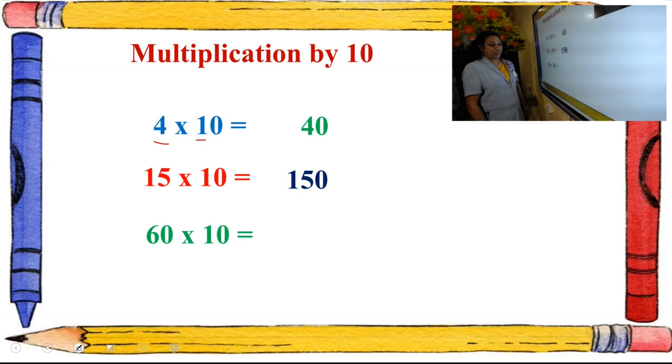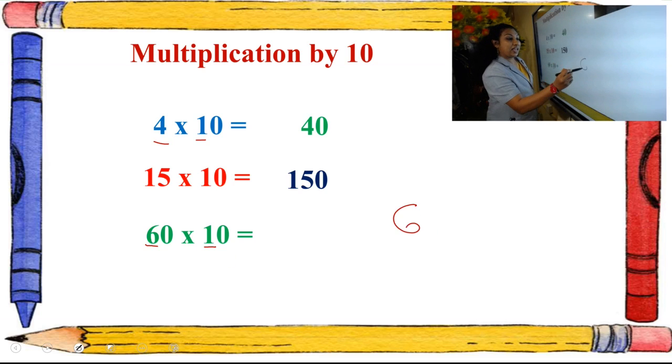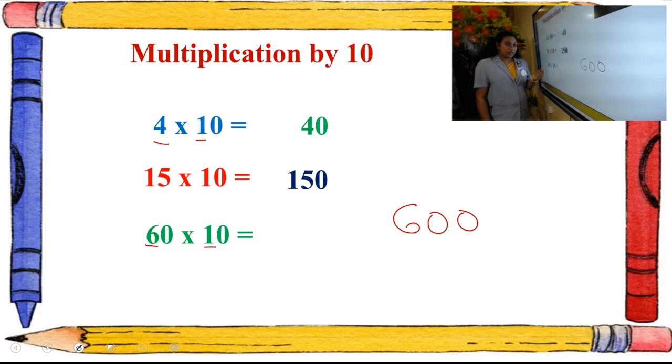Next, 60 into 10. Here multiply 6 and 1, or 60 into 1 is 60, add 1 0. Or 6 into 1 is 6. Then count the number of zeros. 1, 2. So 2 zeros, isn't it? Once again I'll explain. 60 into 10. One method is multiply 60 into 1.